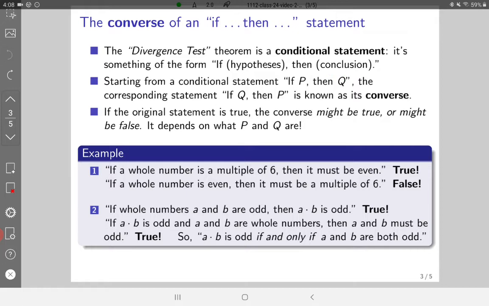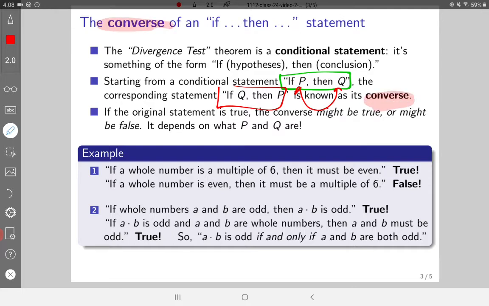So if I start from a conditional statement like that, if P then Q, it's very common to just use letters to replace the collection of hypotheses and the conclusion. Then if I turn that logic around, I say if Q then P. So in other words, if I flip-flop the P and the Q in the statement, then I get another conditional statement, another if yada yada then blah blah blah, and it's known as the converse of the original statement.